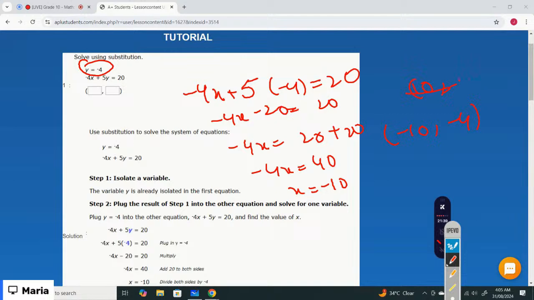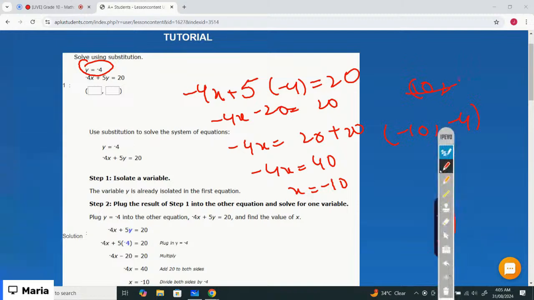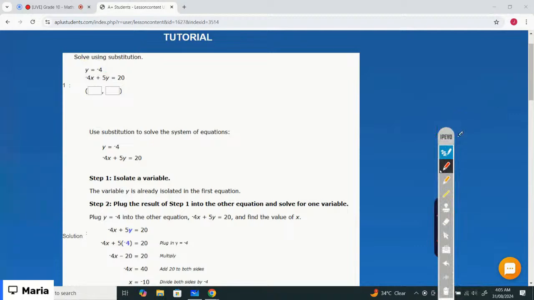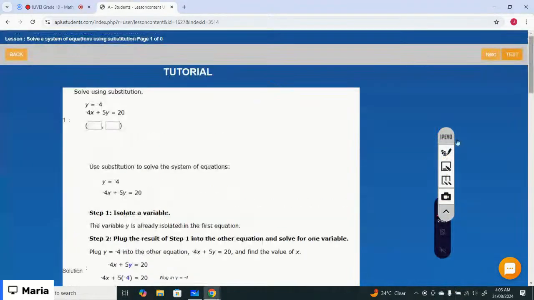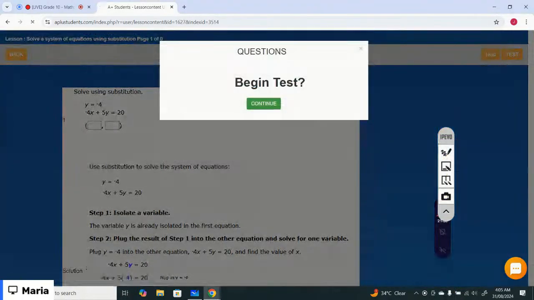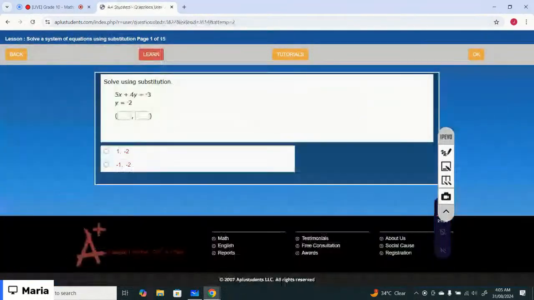Okay, so let's just start with the test questions. Solve using substitution. 5x plus 4y equals -3 and the other equation is y equals -2.